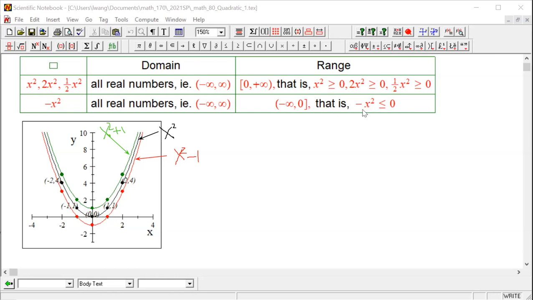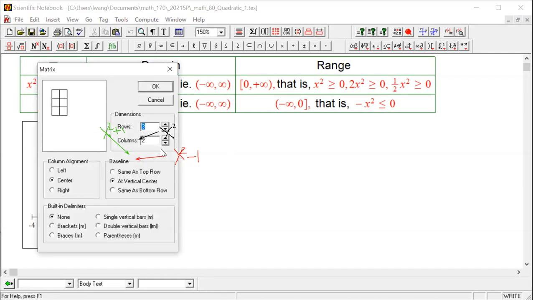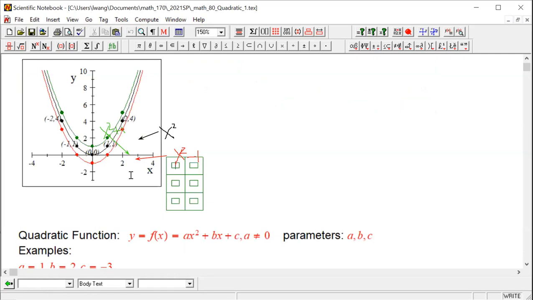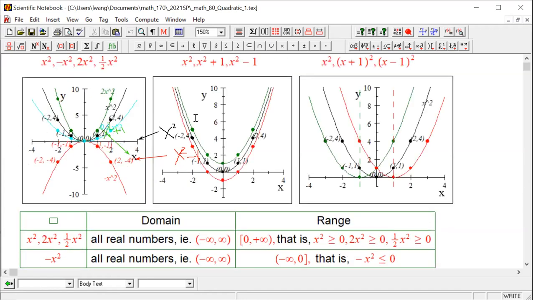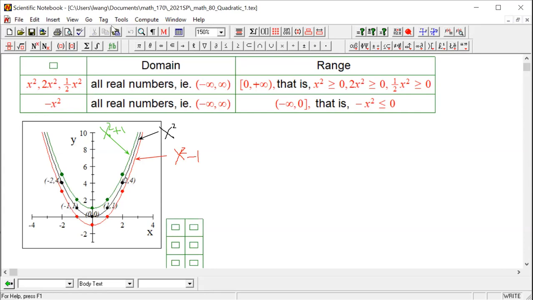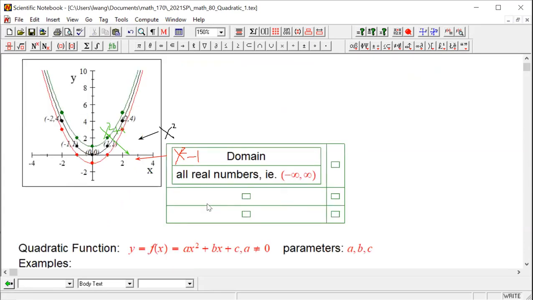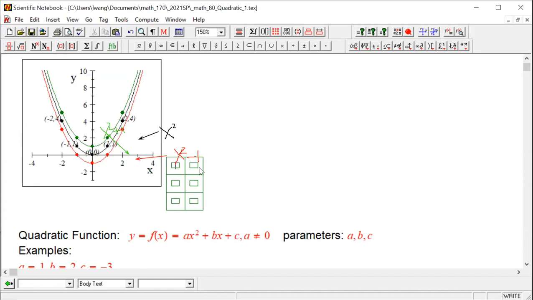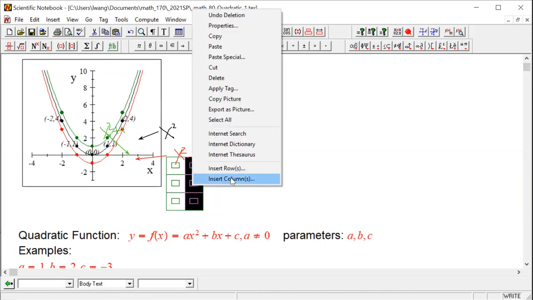so if we make the same table about domain and range, okay? And we will have similar features, domain and range. Let me add another column.